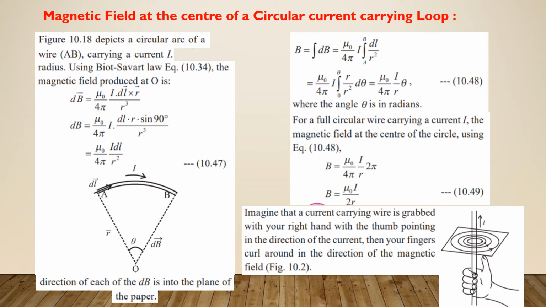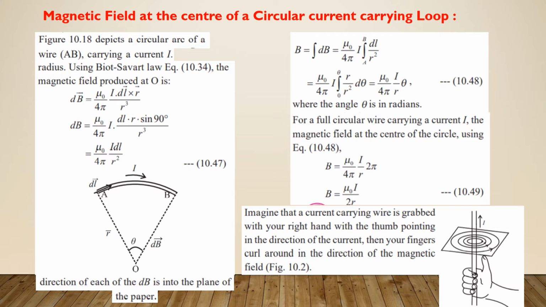To obtain the magnetic field at the center of a circular current carrying loop, let us first obtain the magnetic field at the center of a circular arc. As shown in the figure, consider a circular arc AB of a wire of radius r carrying current I. The arc is assumed to be divided into a number of small elements.